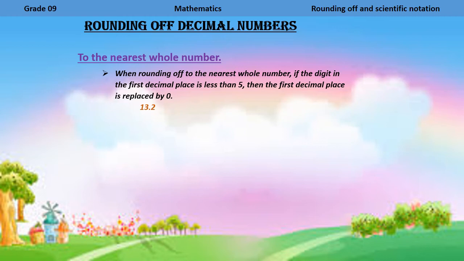Here the digit in the first decimal place is 2. So we have to replace the first decimal place by 0. Answer is 13.0 and it's equal to 13.